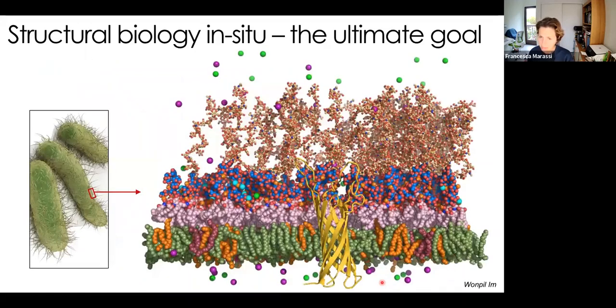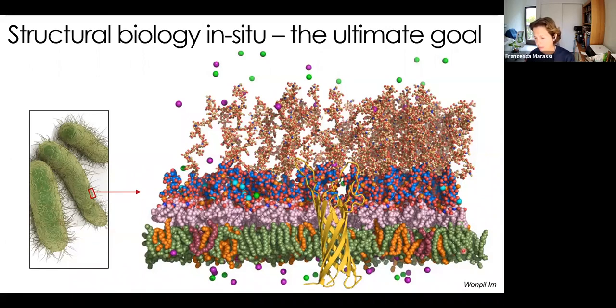Compounded with this is the fact that even though we've gone out of our way to not have detergent in the sample and produce samples in lipid environments with what we think are appropriate phospholipids, this is still very far away from the situation in situ, in vivo, where the actual bacterial outer membrane is, first of all, highly asymmetric.